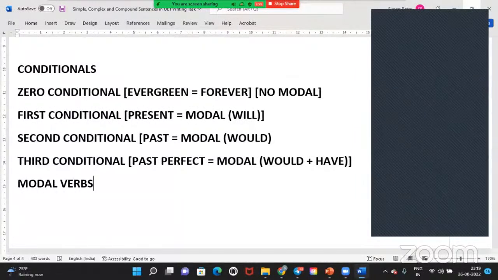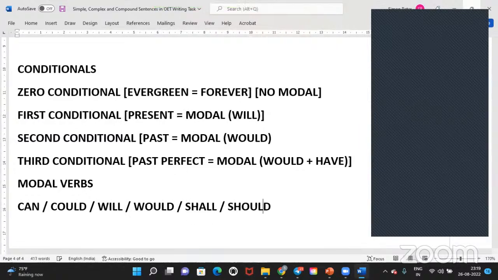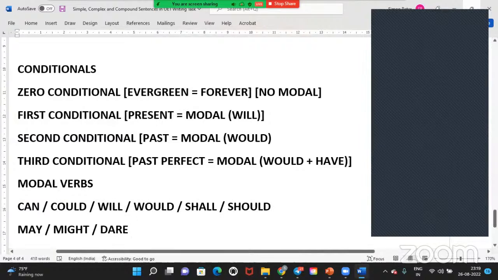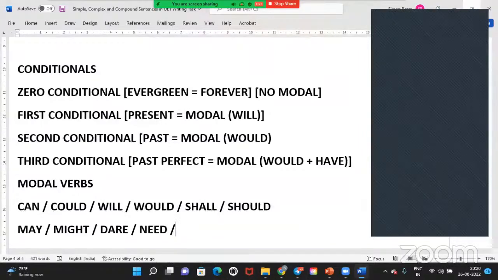Can, could, will, would, shall, should, may, might, dare, need. 1, 2, 3, 4, 5, 6, 7, 8, 9, 10. So these are called modal verbs.